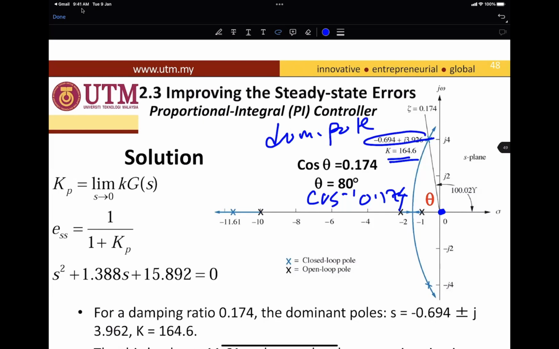Then you get the gain K, or you can use the Pythagorean theorem. Before the PI controller, we calculate the error by using the formula Kp equals limit s to 0 of KG(s), and then find the steady-state error, which is 1 over 1 plus Kp.